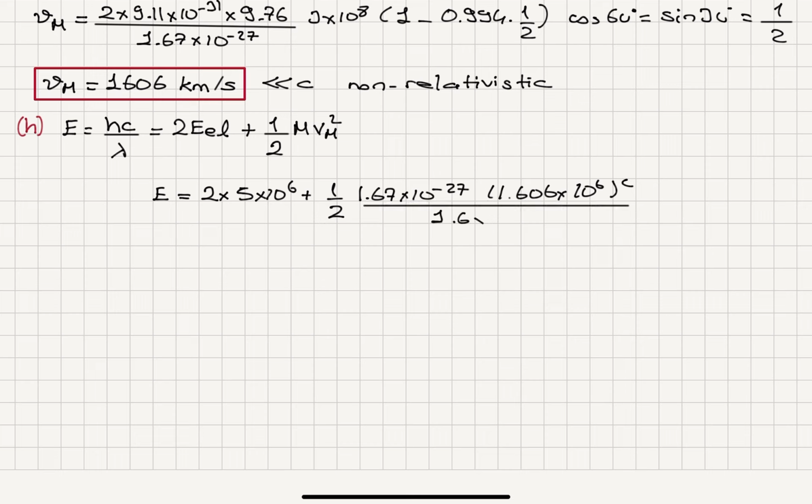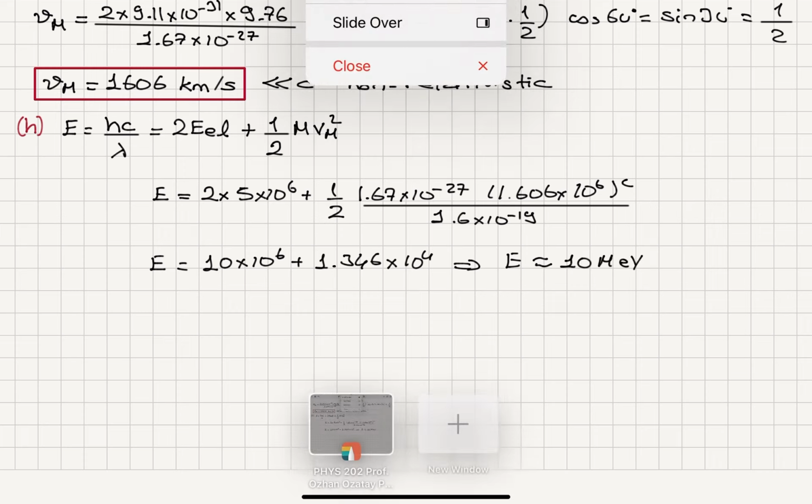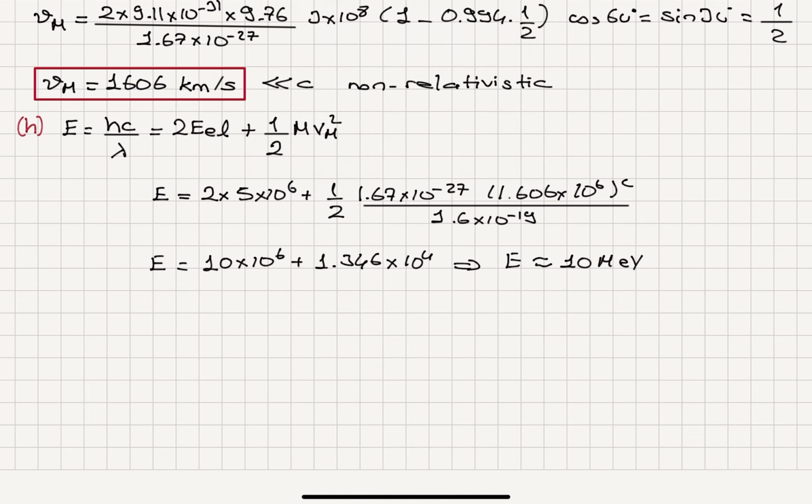So here I obtain 10 times 10 to 6 plus 1.346 times 10 to 4, which means the energy of the photon is roughly equal to the energy of the electron-positron pair, that is 10 mega electron volts.